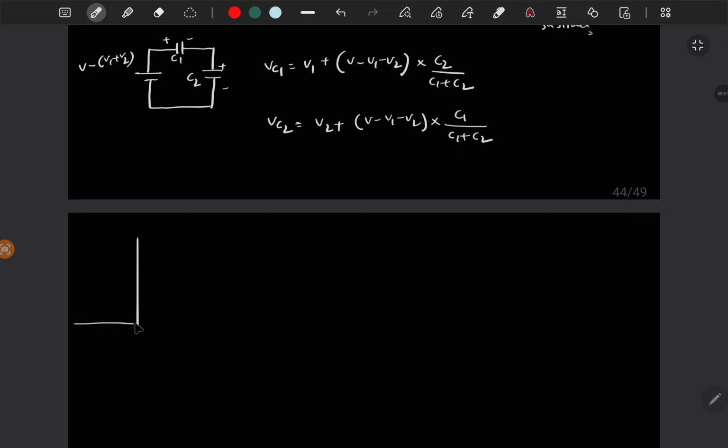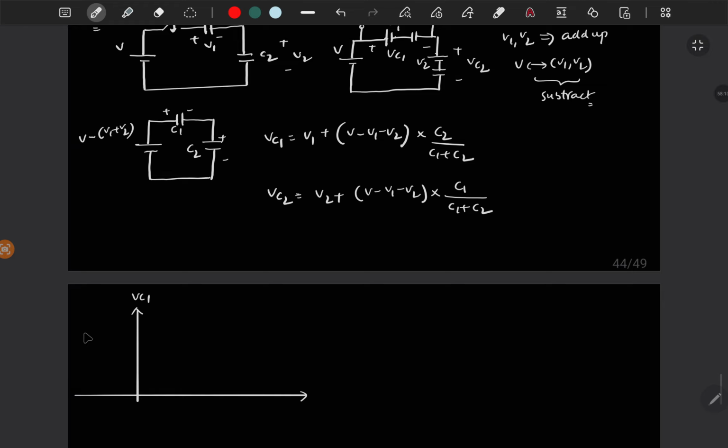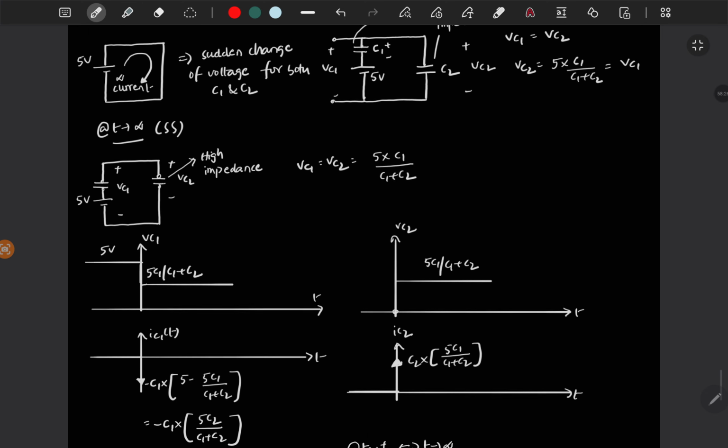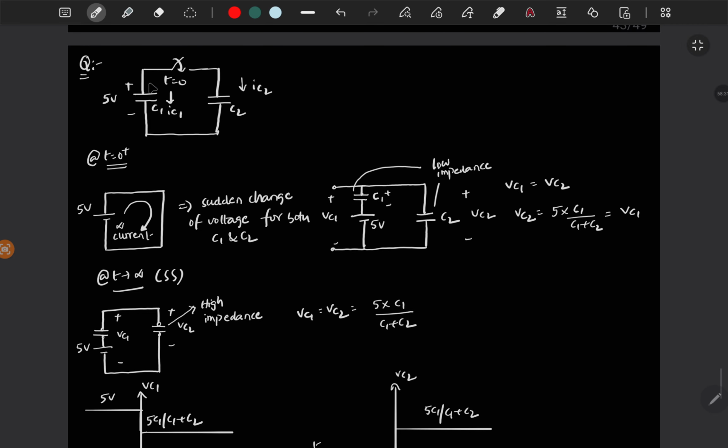If you draw VC1, then you have initial voltage of V1 and it is going to some final voltage. Now the final voltages are different for both the capacitors, but if you look at the previous circuit, you don't have any external voltage source, right?